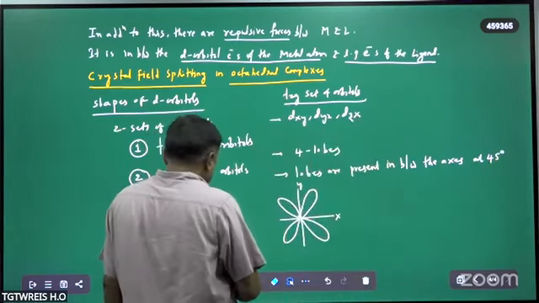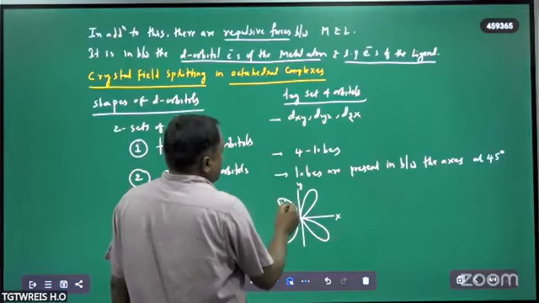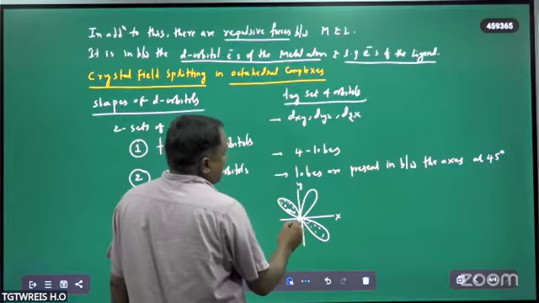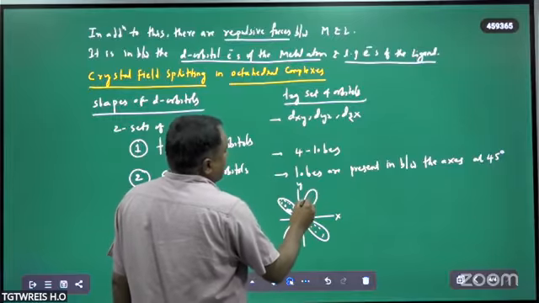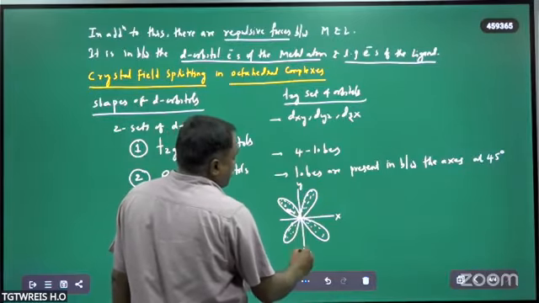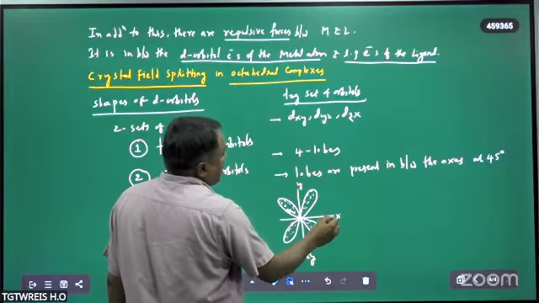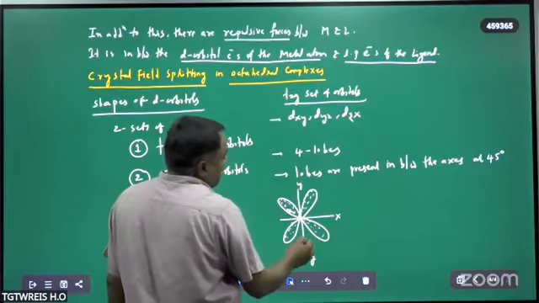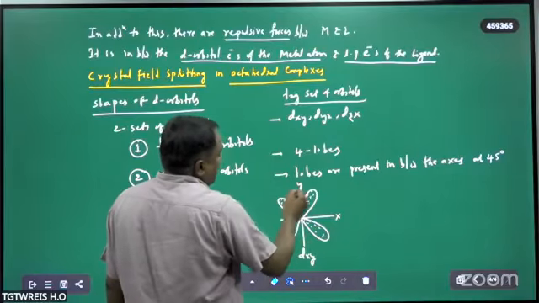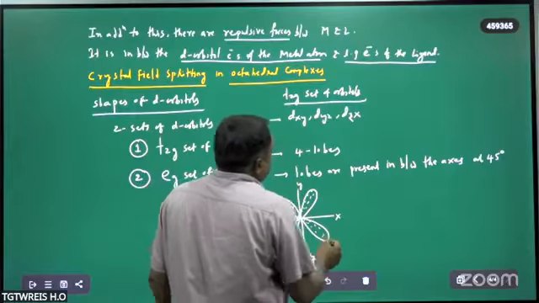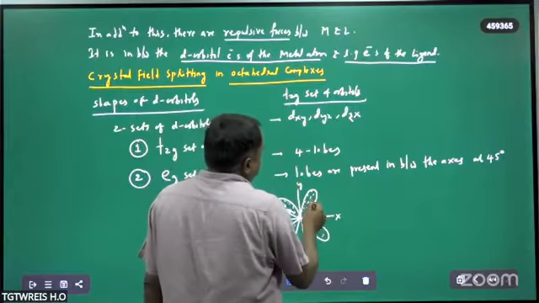This is the electron density, and this is also electron density, and this is the dxy orbital. The lobes are present in between the x and y axes.